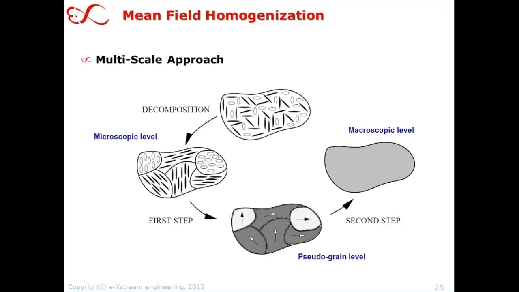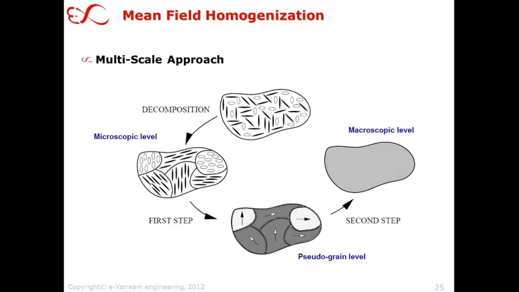And what we do is that we decompose this complex situation in the first step on the microscopic level, and we collect together in classes all the fibers with the same alignment. For these subcomposites, we call them pseudo grains, so each class with the same alignment is called a pseudo grain.